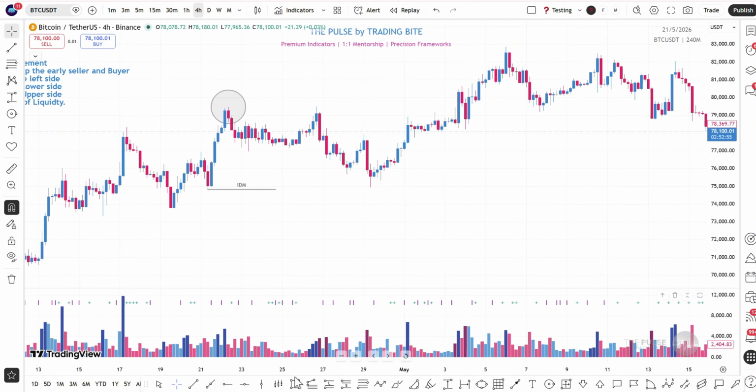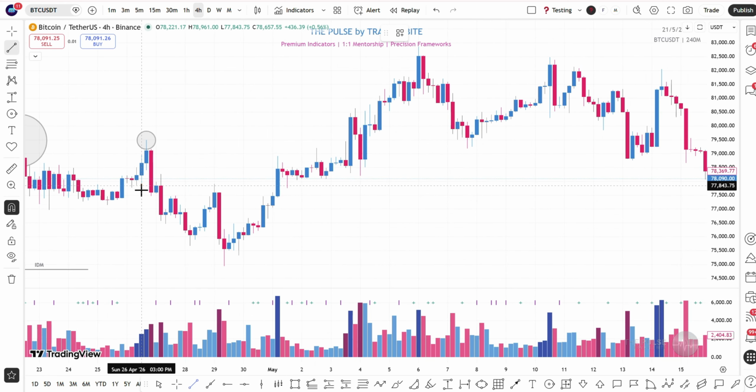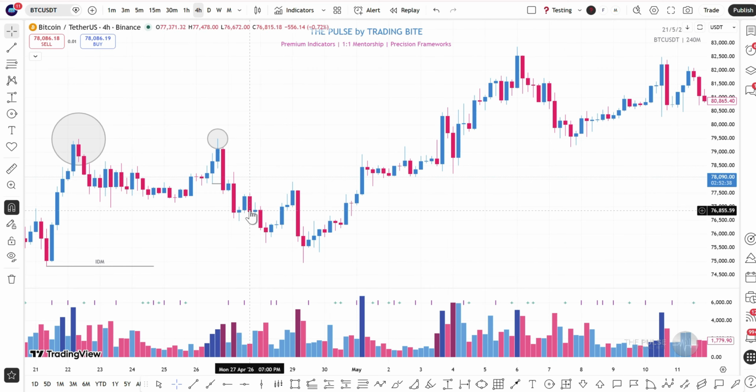Let's find an example. Let's assume this is the candle, this is the highest point, and this is the very next candle.